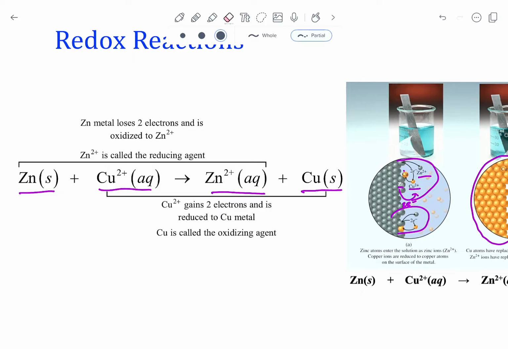So, again, to reiterate, zinc, when it's a solid metal, has all of its protons and its electrons. So it has a 0 for a charge, right? It's neutral. Zinc would rather be in solution, and copper would rather be a solid. So zinc says, I'll give you 2 of my electrons, so it loses 2 electrons and becomes, here's that line, zinc 2+.